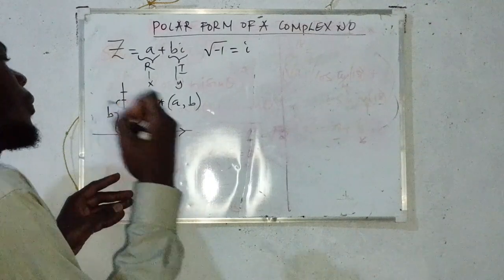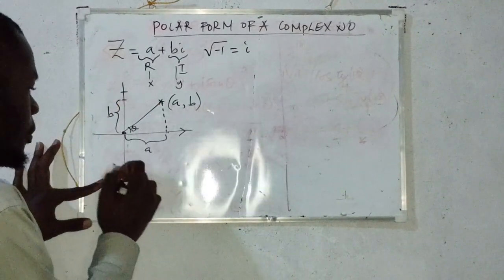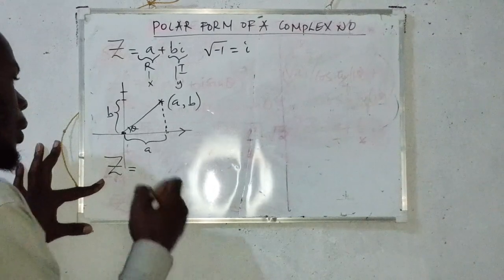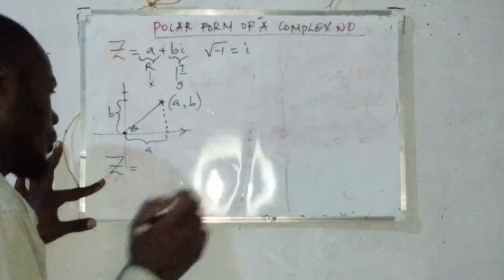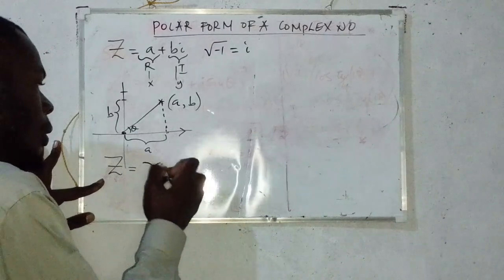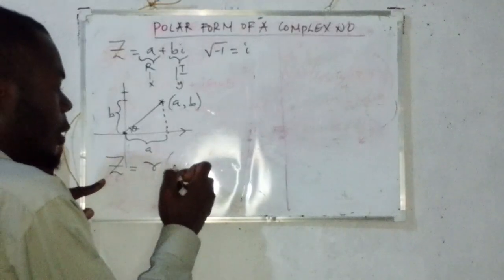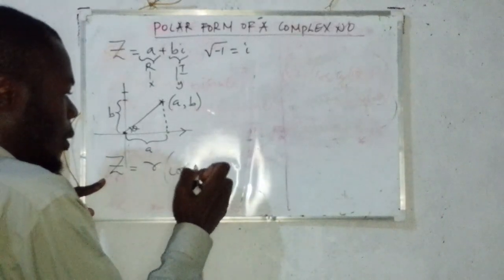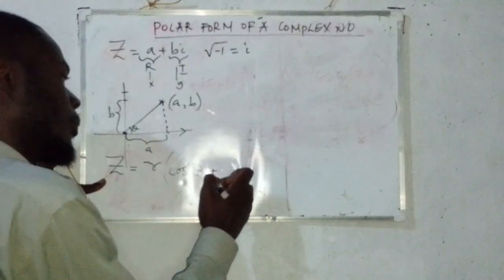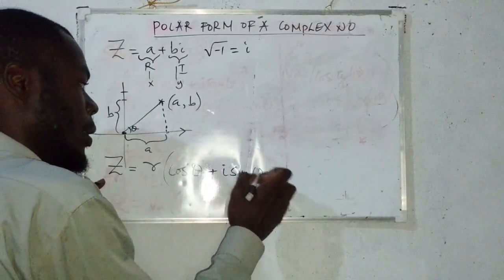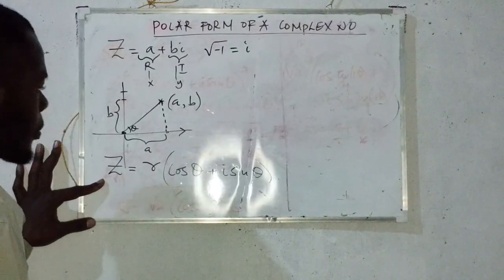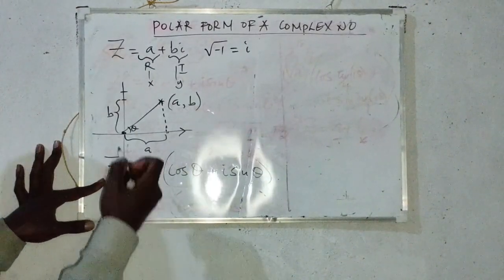So for polar form, we have the format z is equal to r times cos theta plus i sin theta.